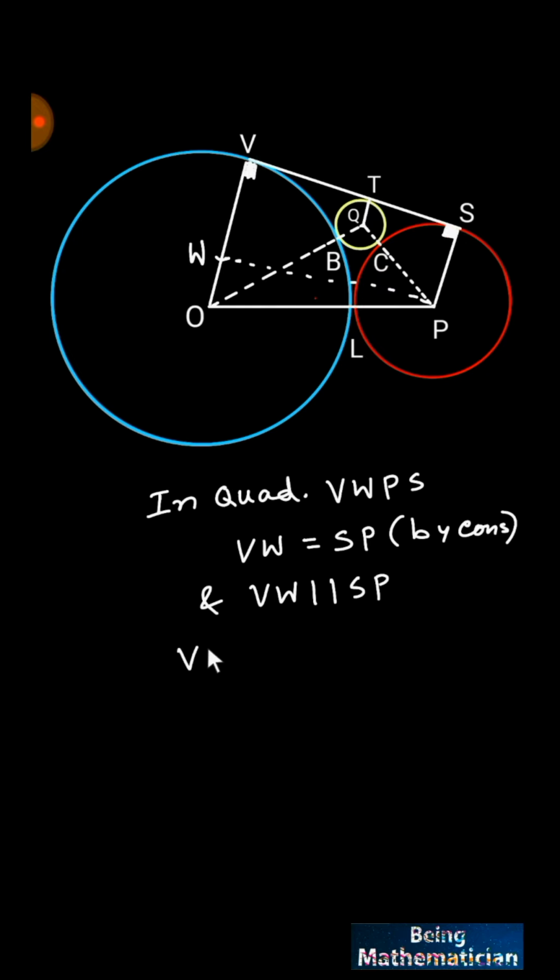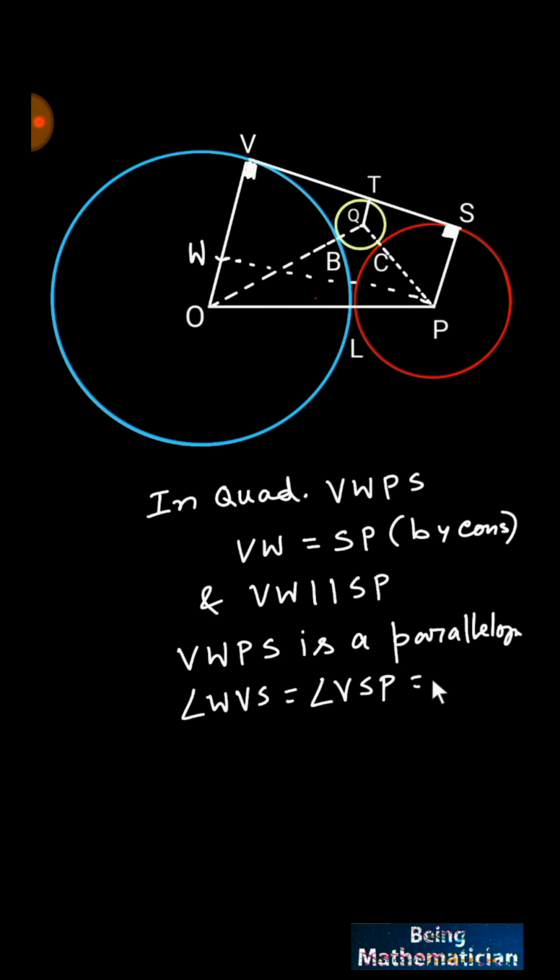So therefore BWPS is a parallelogram. Now in this parallelogram, two angles, that is WBS and BSP, are 90 degree. So BWPS is a rectangle.